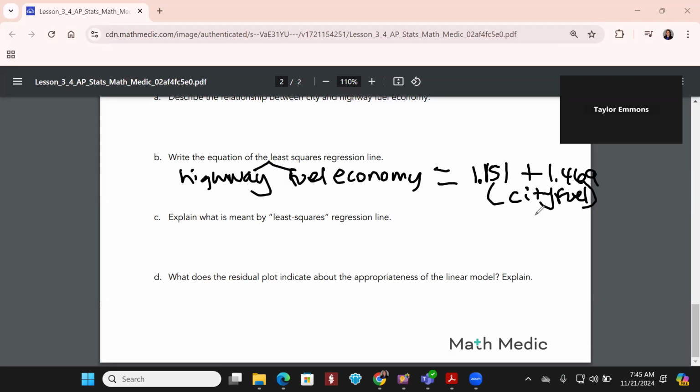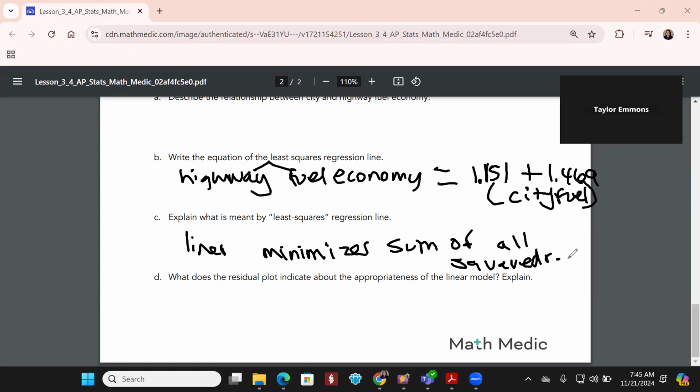Explain what it means by least squares regression line. Remember, this is the line that minimizes the sum of all squared residuals. What does the residual plot indicate about the appropriateness of the linear model?